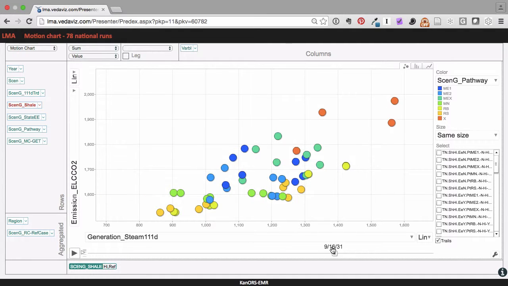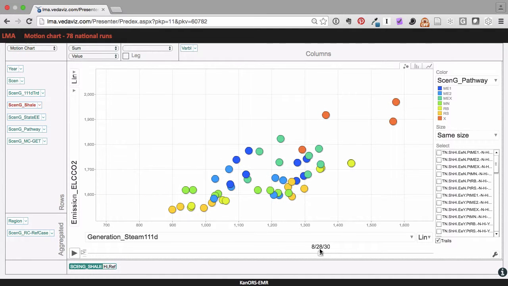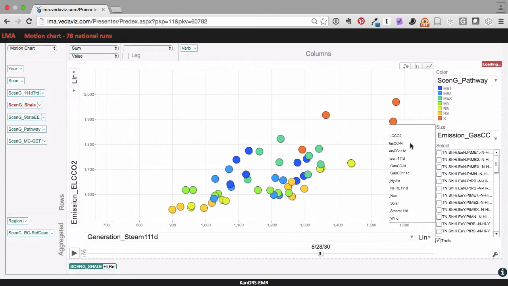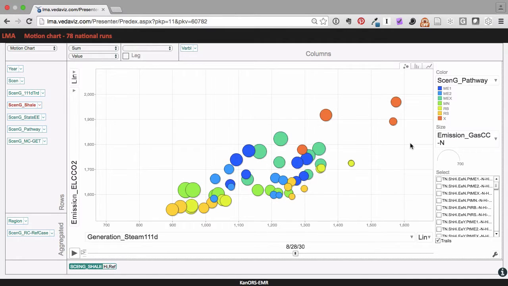So let's move the slider back to about 2030 and take a look at the results as of the final compliance period. So we've got our no clean power plant scenarios up in the upper right-hand corner. These are the reference gas prices, and I'm going to set the size back to generation from new gas combined cycle plants.